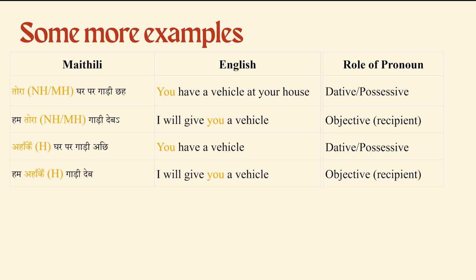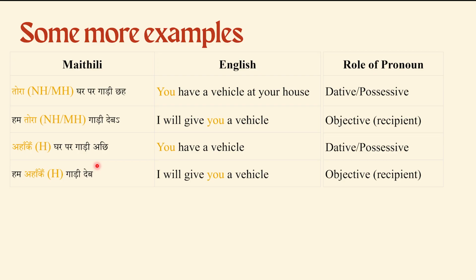Now, the first one is a dative or possessive case marking. So, Tora is being used in the sense of dative or experiencer. In the second sentence, हम तोरा गाड़ी देब, it is an objective recipient. Then, in the third one, अहाँ के घर पर गाड़ी अछि, you have a vehicle, it is again a dative or possessive marker.